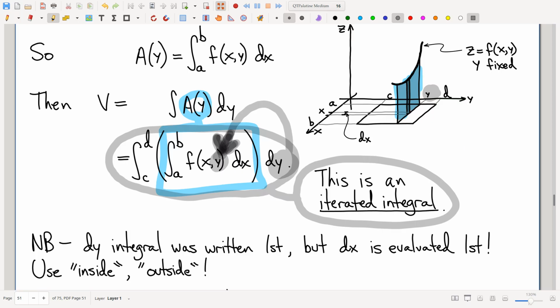It literally is a constant for the purposes of what we're doing with that inside integral. Easy to lose track of that, but nice, pithy little summary. For the inside integral, the outside variable is constant.